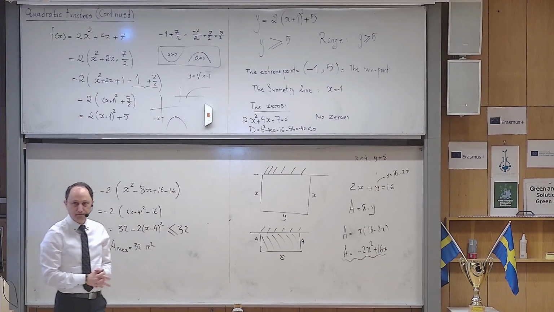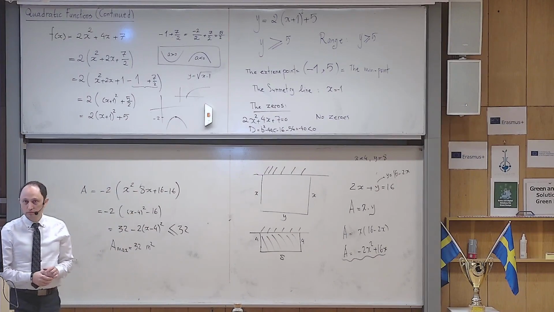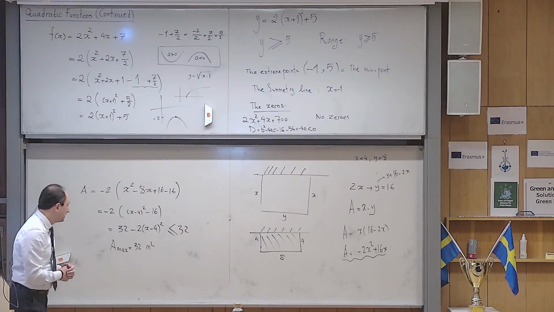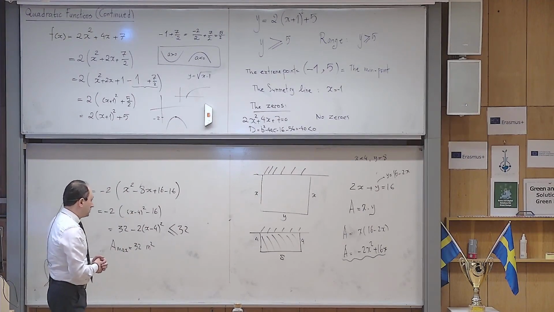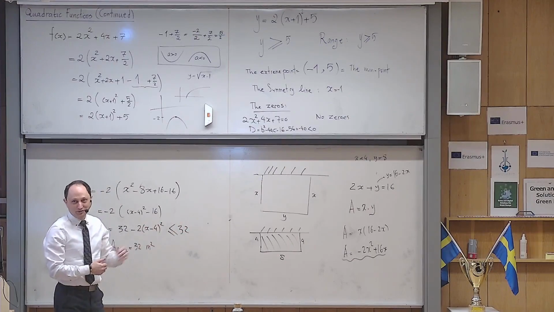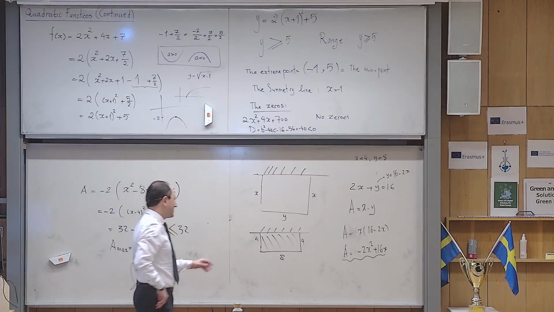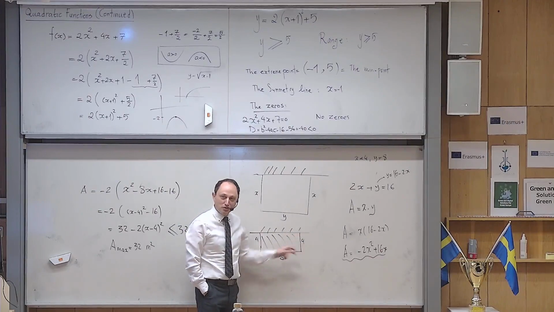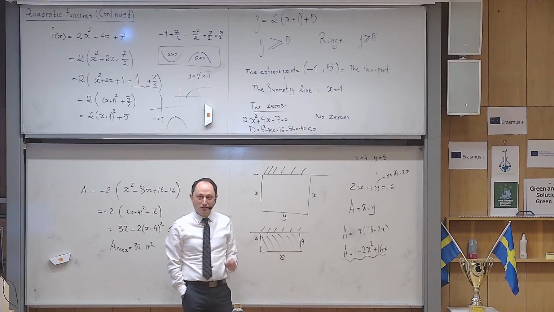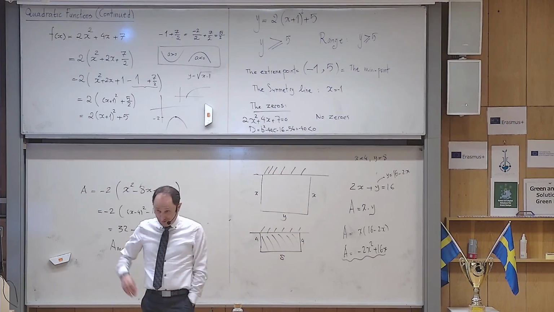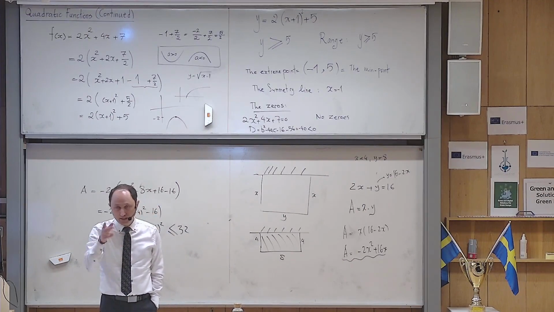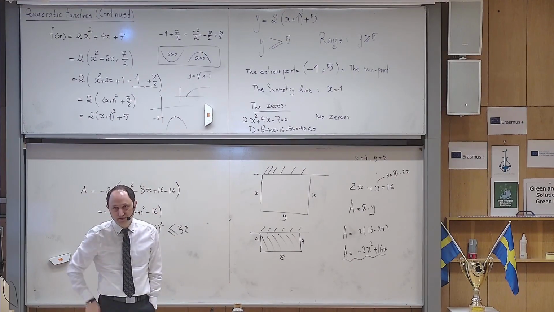Yes? Isn't the maximum area always a square? No, it shows no. You know why? The reason is that one side is not covered by the fence. But you are right. If it is going to be a four-sided object, then it has to be a square.